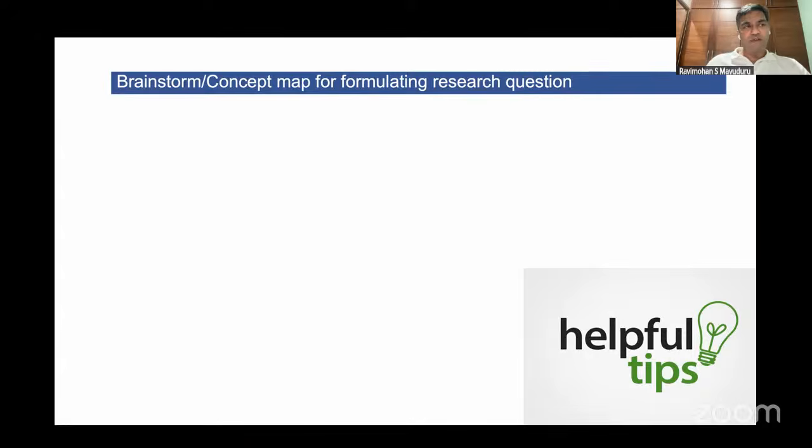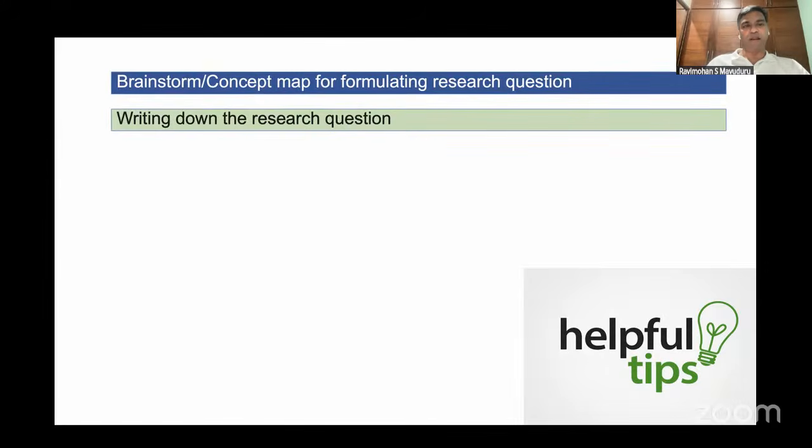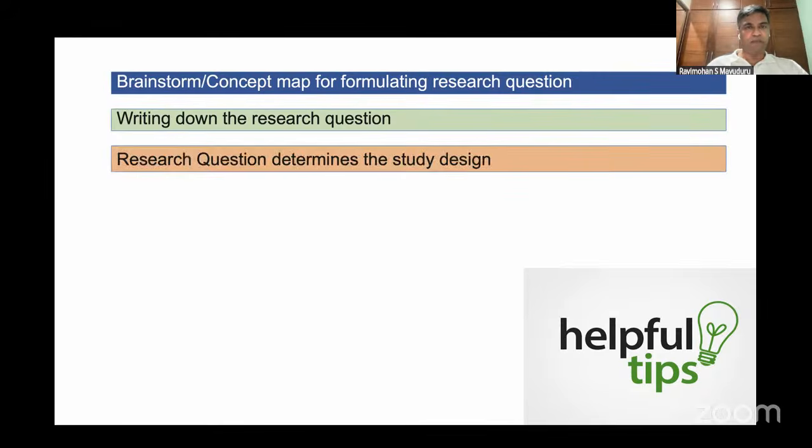So you should spend as much time here, because once you get a right topic, automatically everything moves in the right direction. And I had few seniors who used to write down their research question, because sometimes you have an idea but you don't remember it subsequently. It's always better to write the research question which comes to your mind, and then keep on rephrasing it till you reach the right thing.